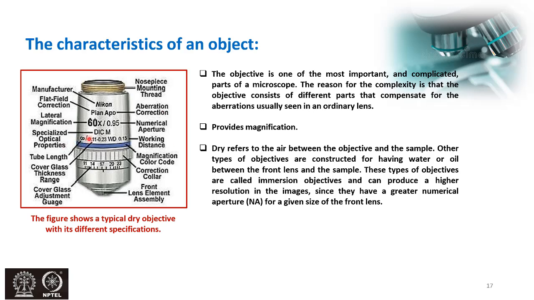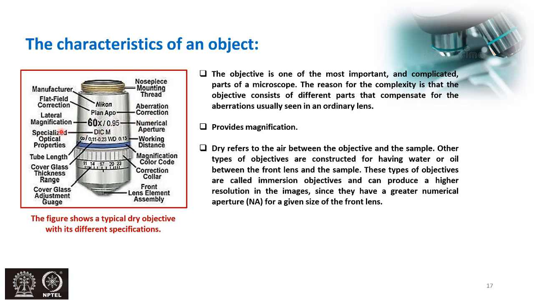Here, as you can see, this is Plan, which means the flat field correction. Then APO means the aberration correction. Here is the company or make name, and this threaded part is the mounting thread. Then we have the lateral magnification, that is 60x, and the numerical aperture mentioned over here.